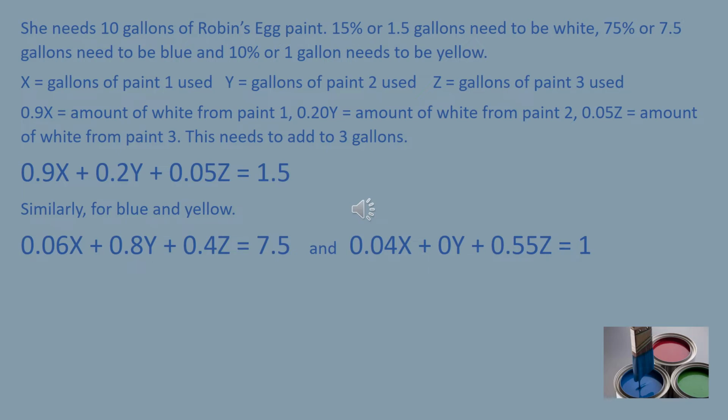So my system is actually going to start off looking the same. It has the same coefficients, but my answer column will be different than to make Dusty Miller. The answer column this time will be 1.5, 7.5, and 1.